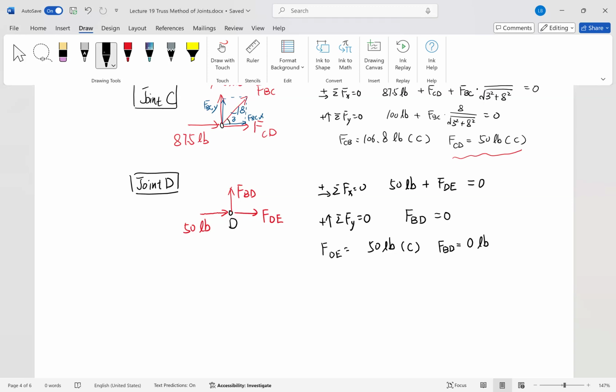Now I would like to have your attention here first. Have you noticed that the force FBD is pretty special? It is 0. Why? You may pause the video and think about that. Does that align with your intuition? Here's the thing: the 50-pound force, which is the force in CD, and the force in DE are collinear, right?